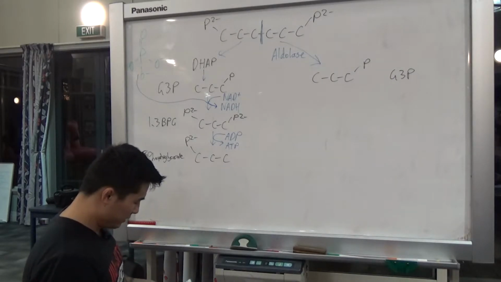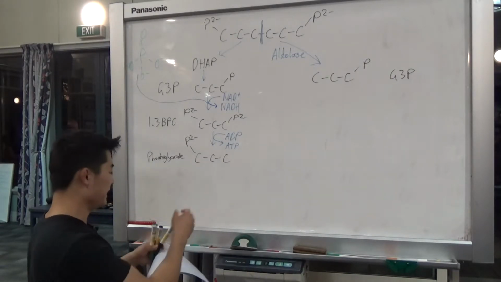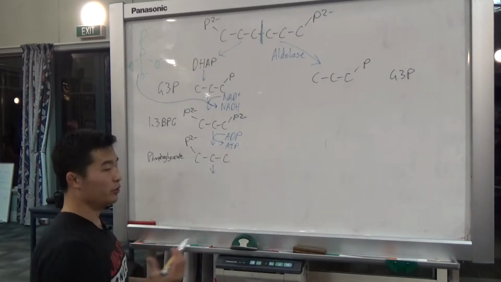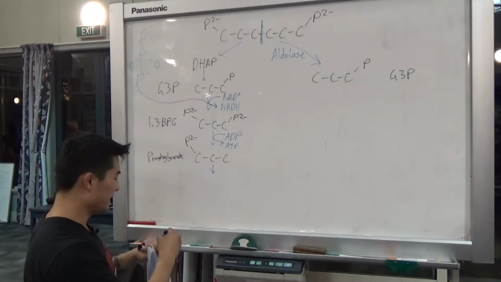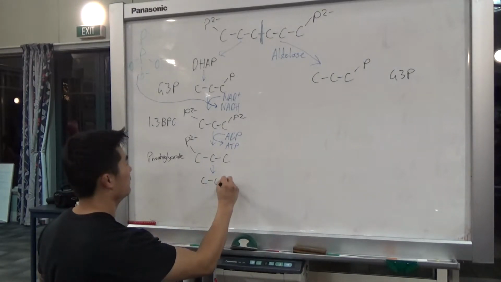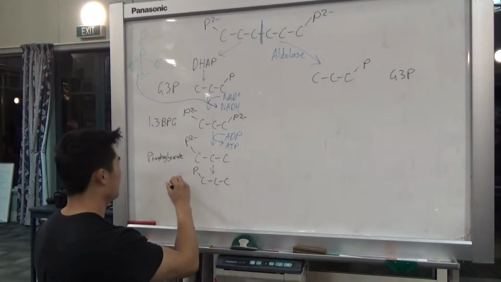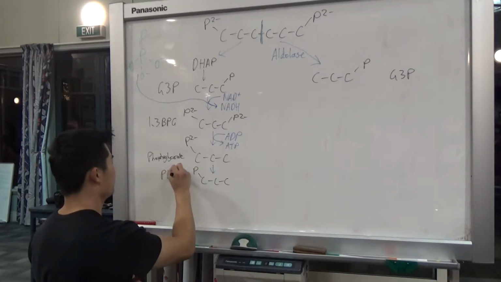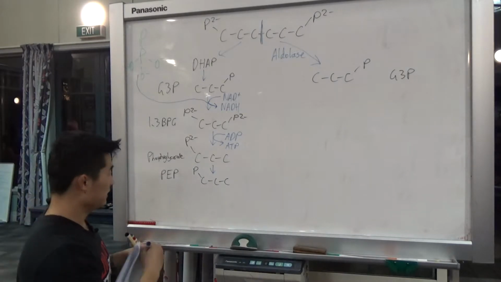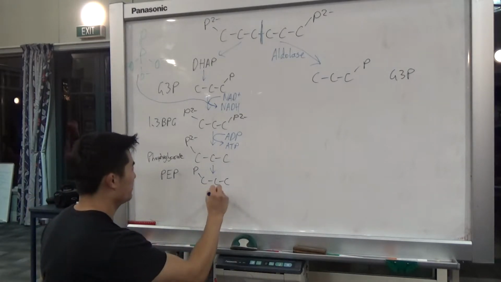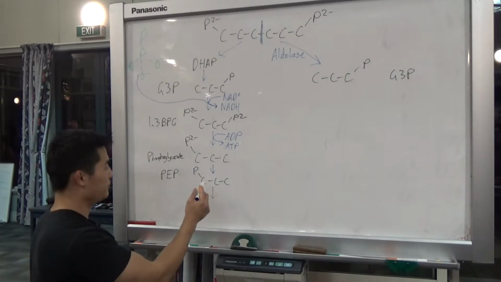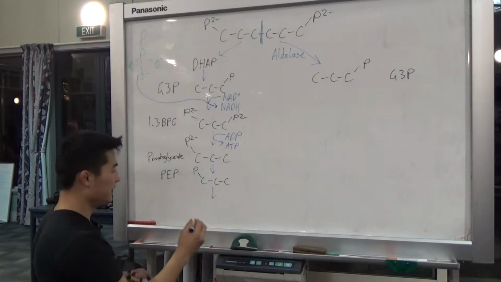And then so this one just gets rearranged. Again, this one's not important. Okay, so it's just a rearrangement, and it gets turned into phosphoenol pyruvate, or we can just call it PEP. And then in the last step, we're going to chuck that phosphate molecule onto an ATP.